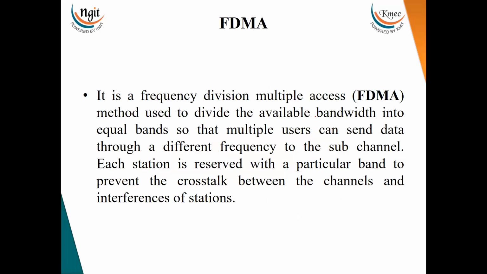In the frequency division multiple access method, the available bandwidth is divided into equal bands so that multiple users can send the data with a different frequency to the subchannel.